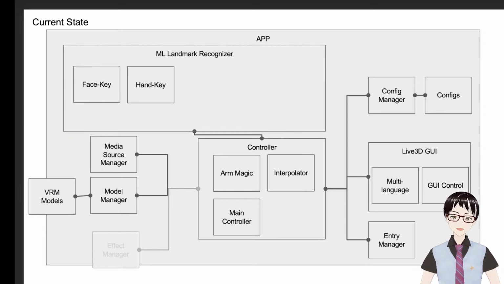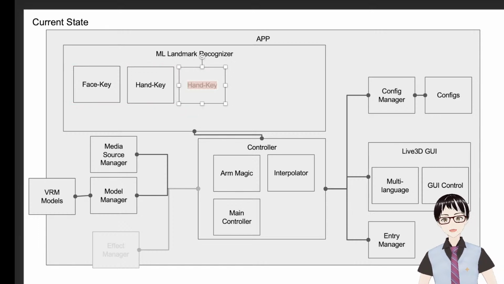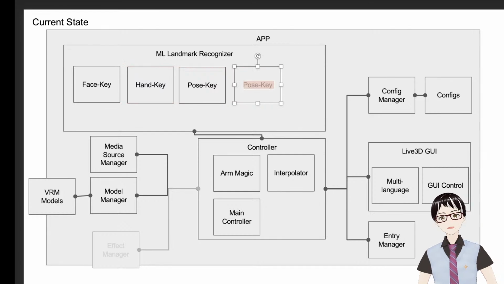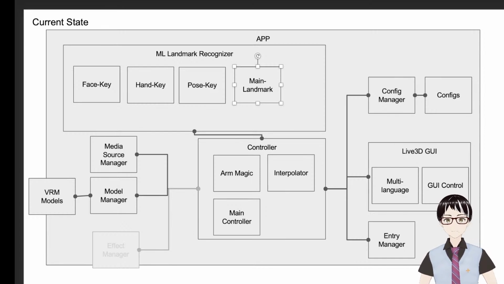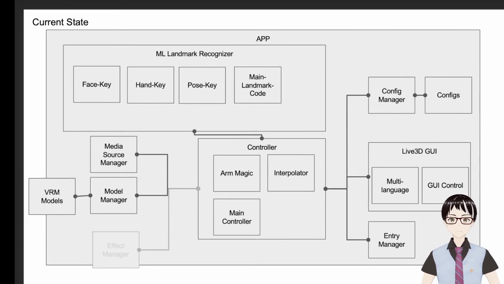These keys are important as a way to turn the 3D model recognition into model movement, right? So we know that. And other than this, we have a main landmark code.